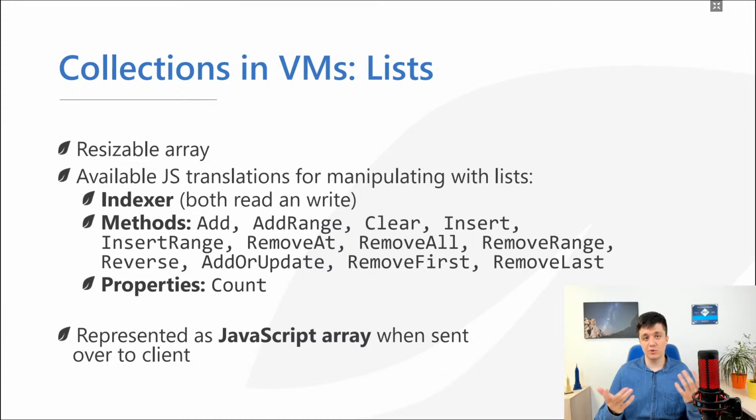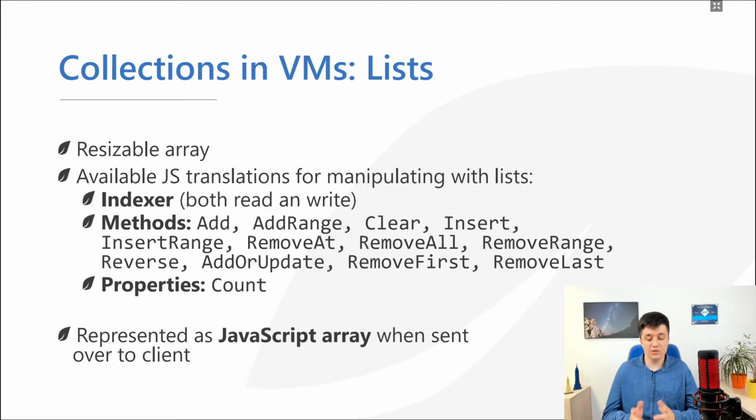And when it comes to properties, we support the Count property, which is really similar to the Length property on arrays. And yeah, lists are also represented as JavaScript arrays when brought over to the client side in JavaScript. But it shouldn't be that big of a surprise.